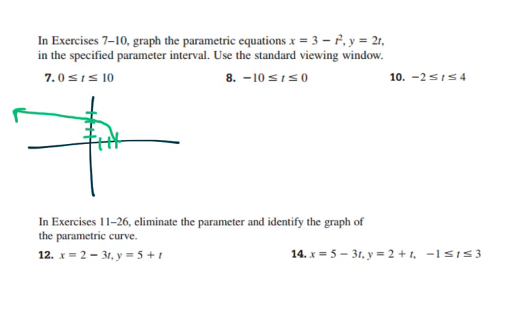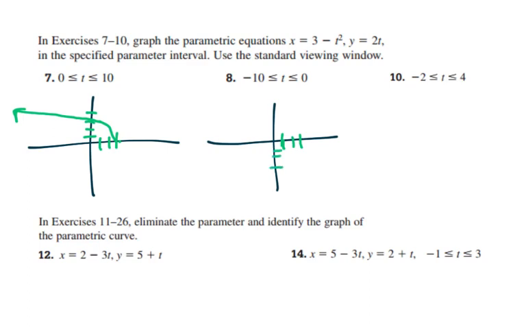Alright. Then they want you to do -10 to 0. So again, going back to your window, same equation, but now it's -10 to 0. And so now hopefully you see that it's at 1, 2, 3.